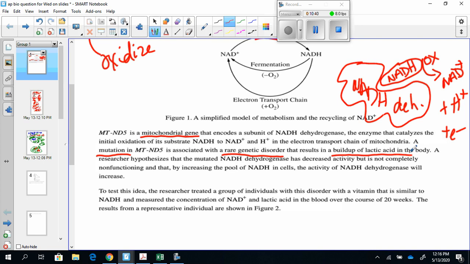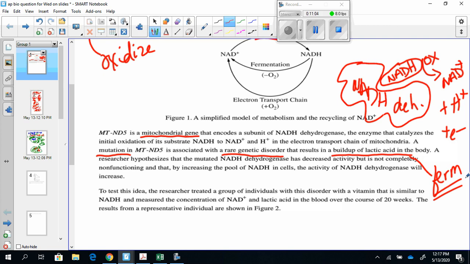So that means you're not going to be doing as much of the electron transport chain in the mitochondria. Instead, you're probably doing more fermentation. So I'm going to just write fermentation here because every time I see that buildup of lactic acid, you're doing more fermenting.